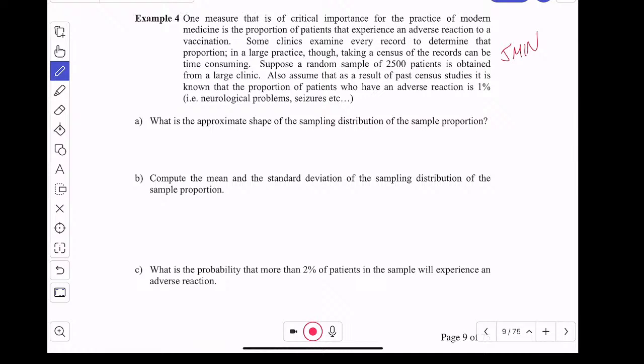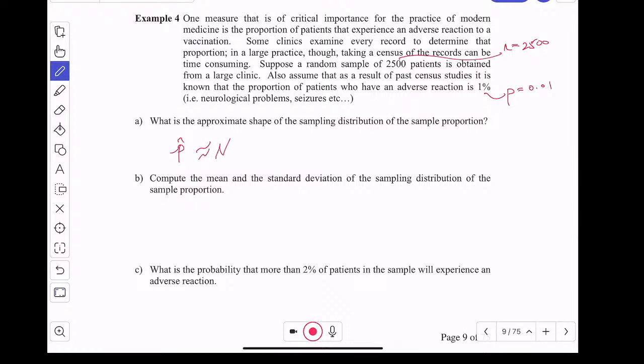What is the approximate shape of the sampling distribution of the sample proportion? All right, so what do we have here? We have our N, and we have our P, what is known from census. So what is the approximate shape of the sampling distribution?